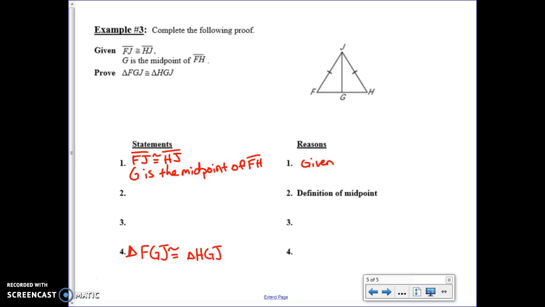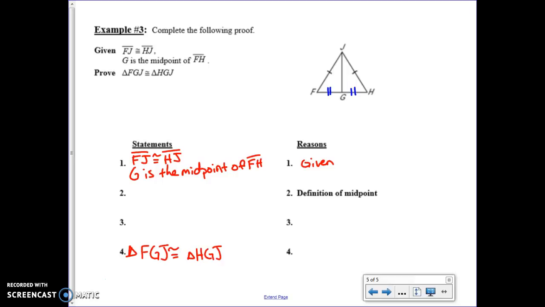So I notice my reason for number 2 is definition of midpoint. And so my given statement says G is the midpoint of FH. So we need to think, what does it mean to be a midpoint? Well, it means that then the two segments are congruent to each other. They're equal to each other. So if G is the midpoint of FH, then I know that these two pieces have to be congruent.